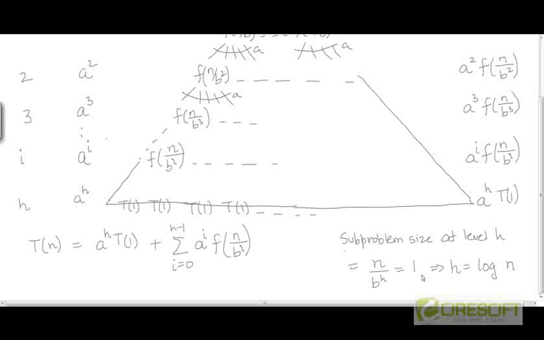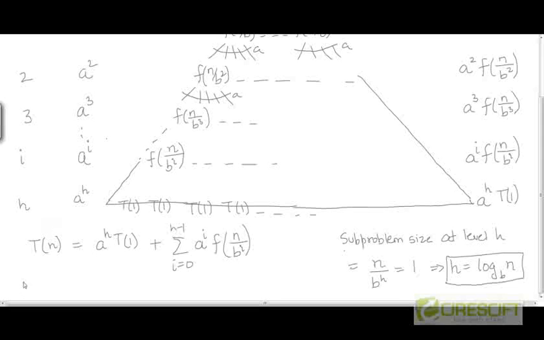It's going to be log of n to the base b, because if b to the power h is n, then we can take log base b of both sides. So log base b of b to the power h is going to be h, and log base b of n is going to be this. So the height of the tree is log of n to the base b.